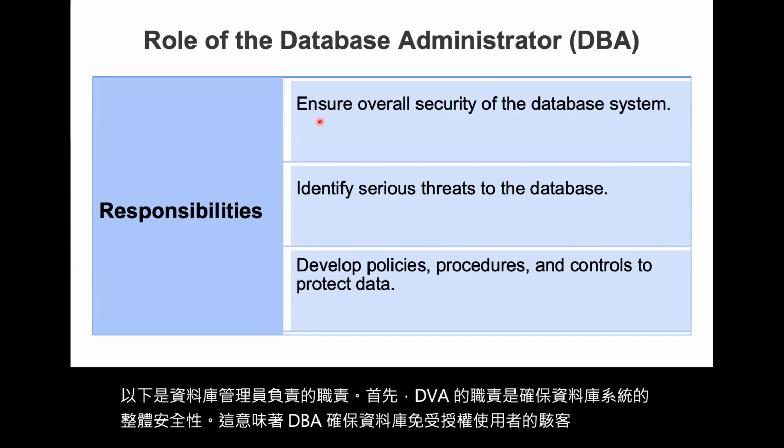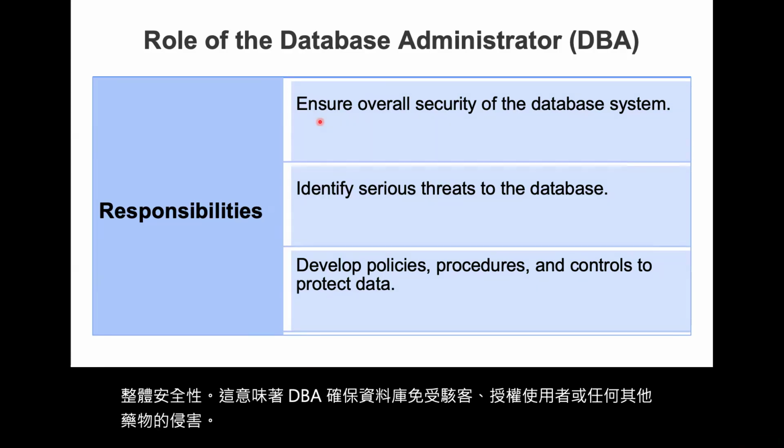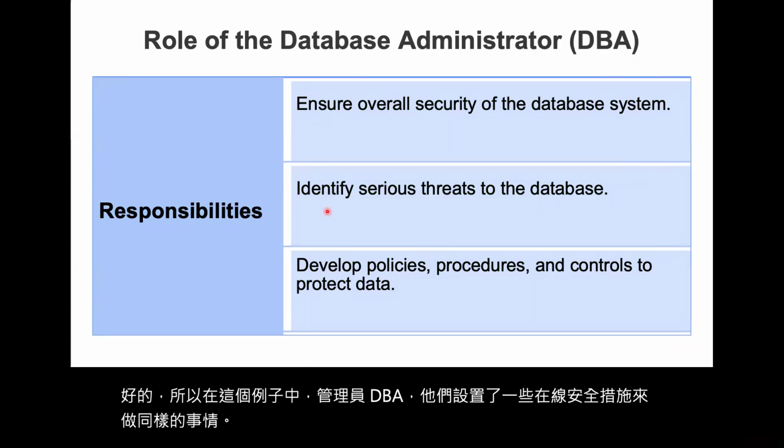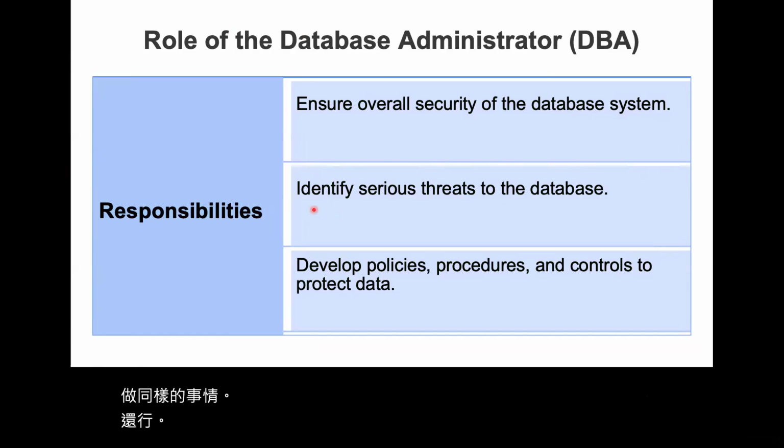In this case, the DBA sets up security measures to keep the data safe. And then another responsibility of the database administrator is to identify the serious threats to the database.